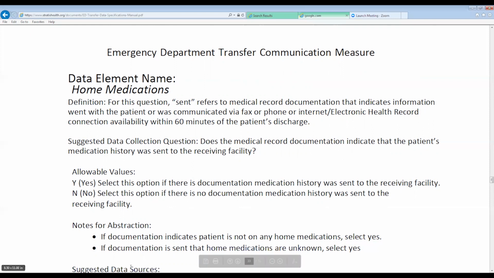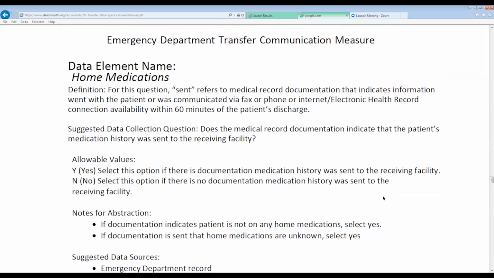So we want a current medication list, the patient's current medication history, or I don't know that history word, current medication list. Maybe that's a better term to use. So if it says patient is not on any home medications, that would be a yes.